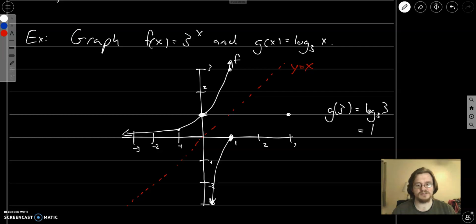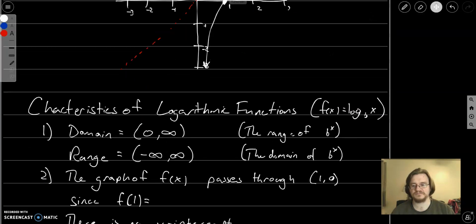So I know g of 3 is going to be 1 over here, so I can make this a little bit more accurate. So we see that these graphs are just reflections about this. And there's a couple of things that I talked about in this graph. One is, I knew it passed through this point here, and we can see that it's increasing. So let's write down a couple of the properties of this graph.